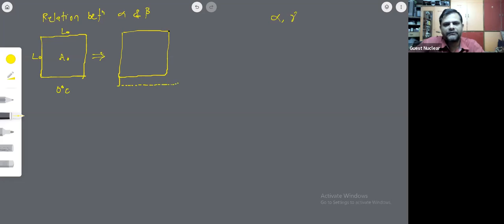This is the increment, we can say. Okay, so this is the increment in the area. So even if this much is going to be A naught, but this whole total area here is actually going to be AT, where AT stands for the area at T degree Celsius temperature. Means high temperature जो है जब हमने उसको हीट कर दिया तो T degree Celsius पे उसका एरिया कितना बन गया AT.